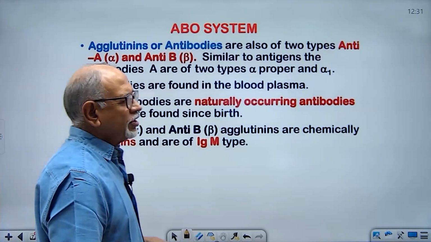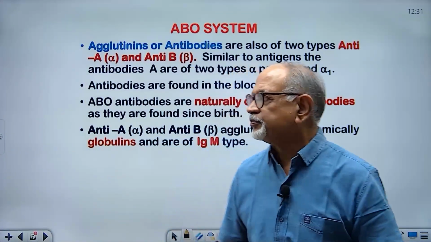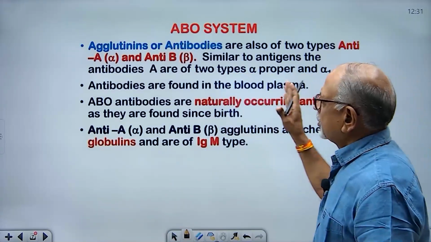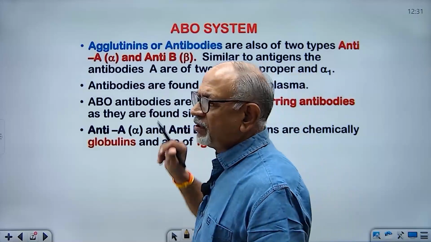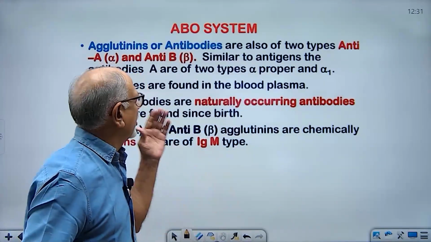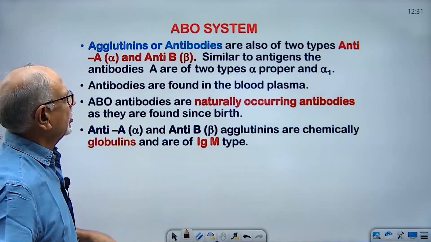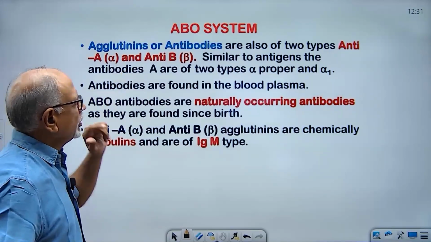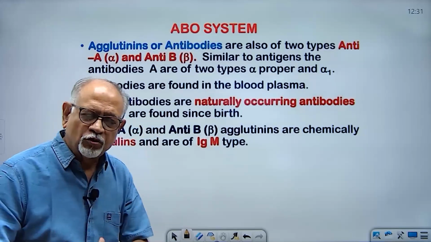Now, agglutinins or antibodies which are found in the plasma are antibody A or alpha and antibody B or beta. Similar to antigens, the antibody A are also two types.